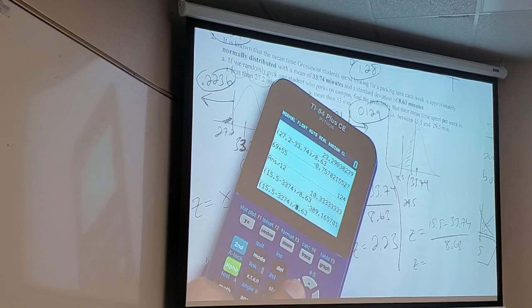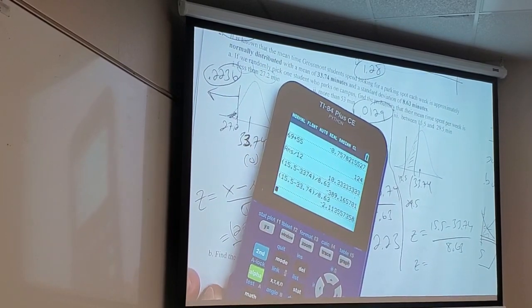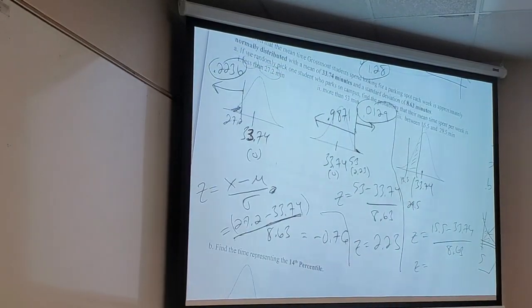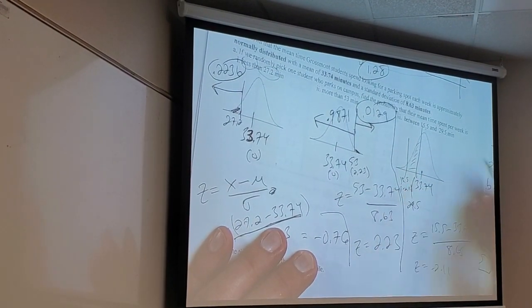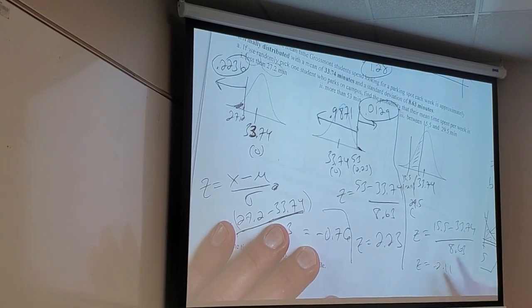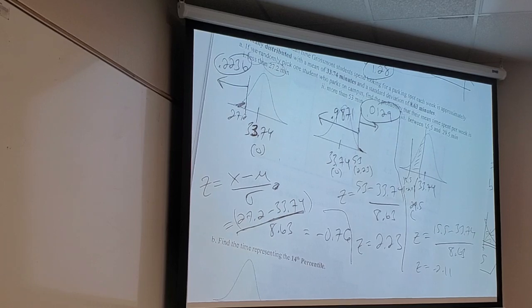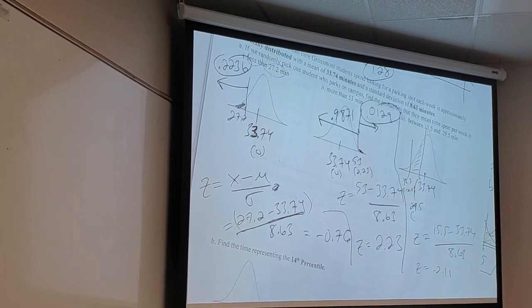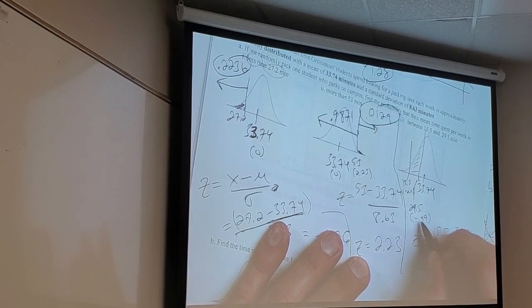If you plugged things in correctly. 2.11? I like it. So this is negative 2.11. And 29.5, if you do all the same stuff, what do you guys get? Negative 0.49? I love it. Okay.